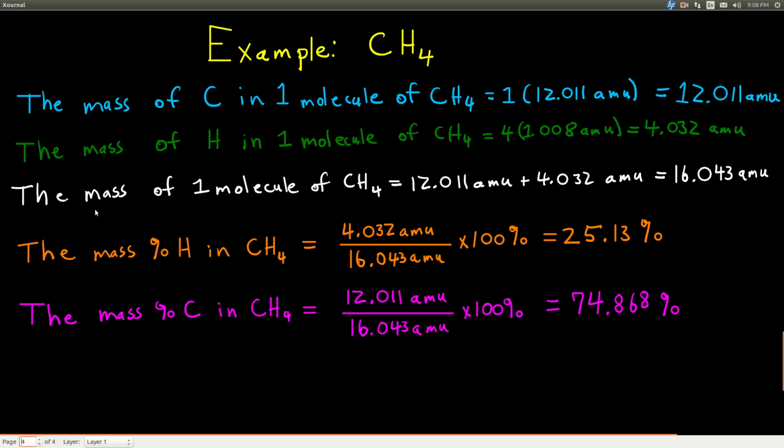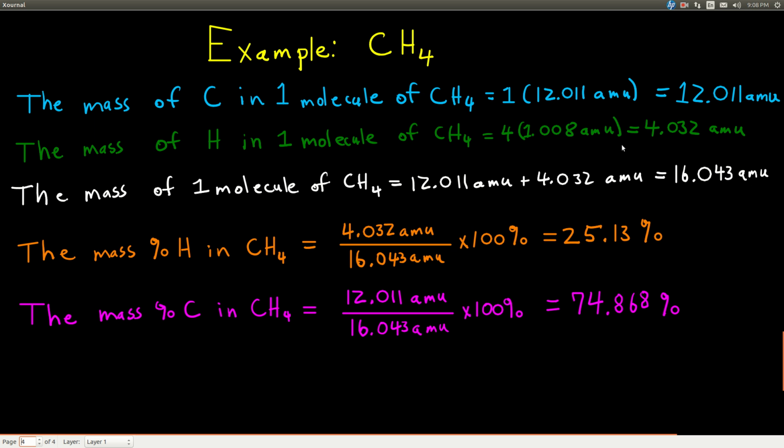So to get the mass of 1 molecule of methane, CH4, we just add together the total mass of carbon plus the total mass of hydrogen. So carbon weighs 12.011 AMUs and hydrogen weighs 4.032 AMUs in methane because there's 4 hydrogens. Total mass of 16.043 AMUs.